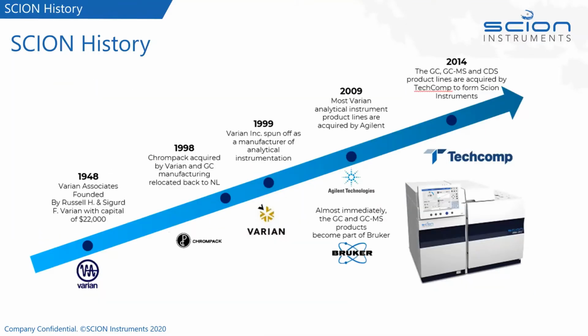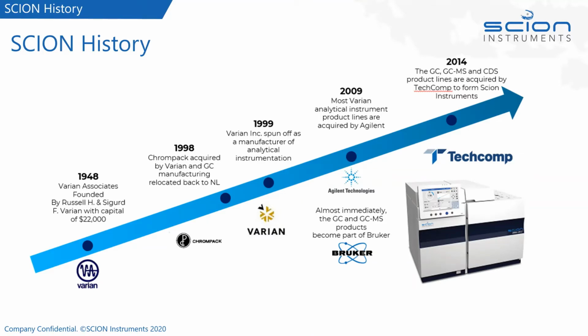So if we look into the history of SCION, SCION Instruments has actually only existed on paper for the past 8 years. However, our legacy goes right back to 1948. So we were originally founded in the USA and we were known as Varian. They started off with $22,000 and they made the first GC.